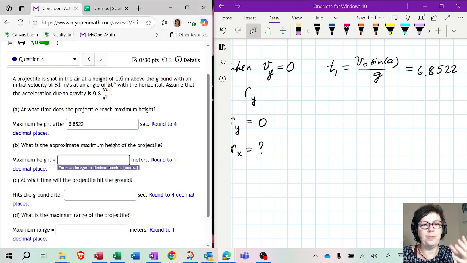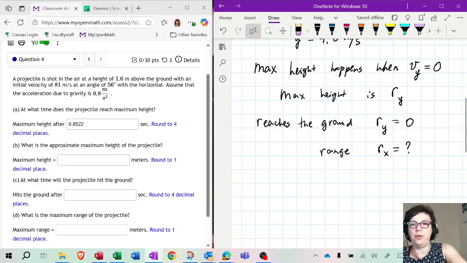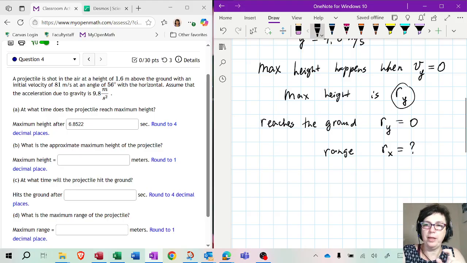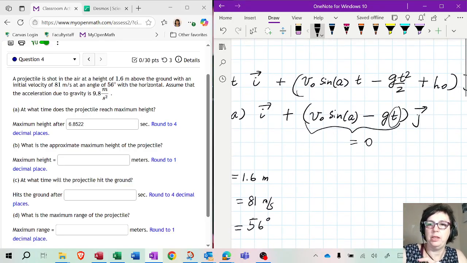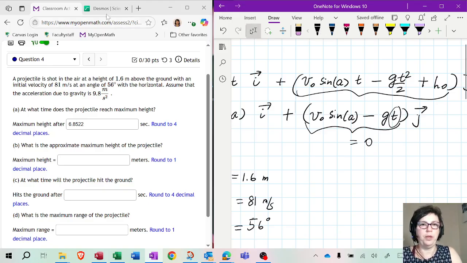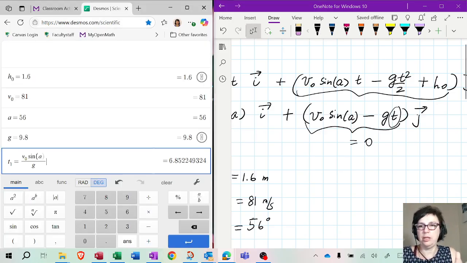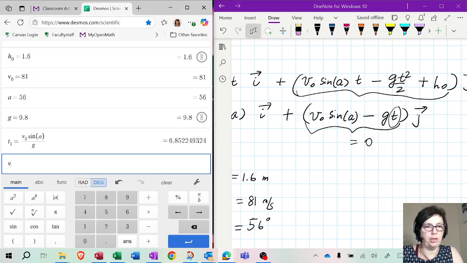Now, to find the maximum height, you have to plug in that value of t into ry. What is ry? This is it in my formulas. This is the y component of the position. So very easy, since I already defined everything. I'm just going to type it, just like that. And I'm using t1 because I just found it.